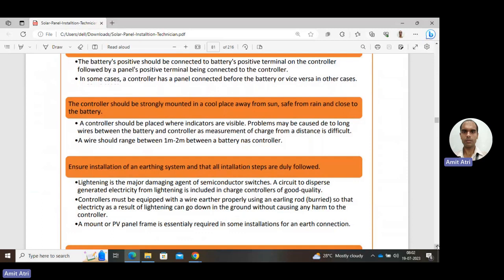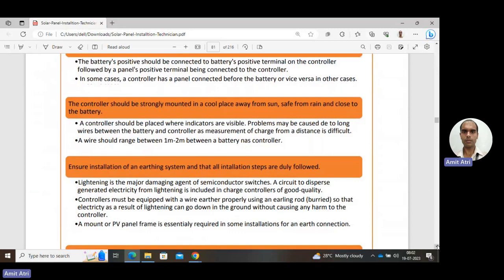That should be properly checked, because it is needed to give an alternative path in case of lightning. It should not directly enter our system. If it is earthed, then the extra charge due to lightning will go to the earth.